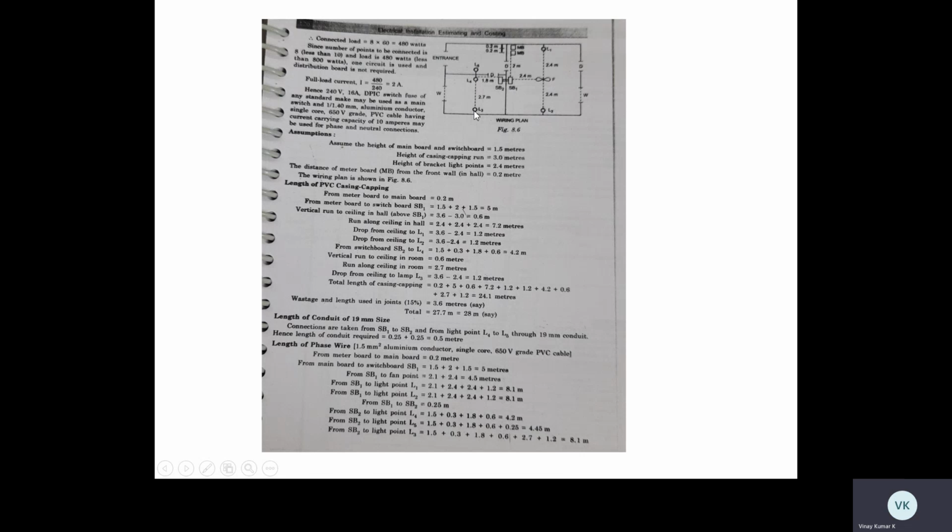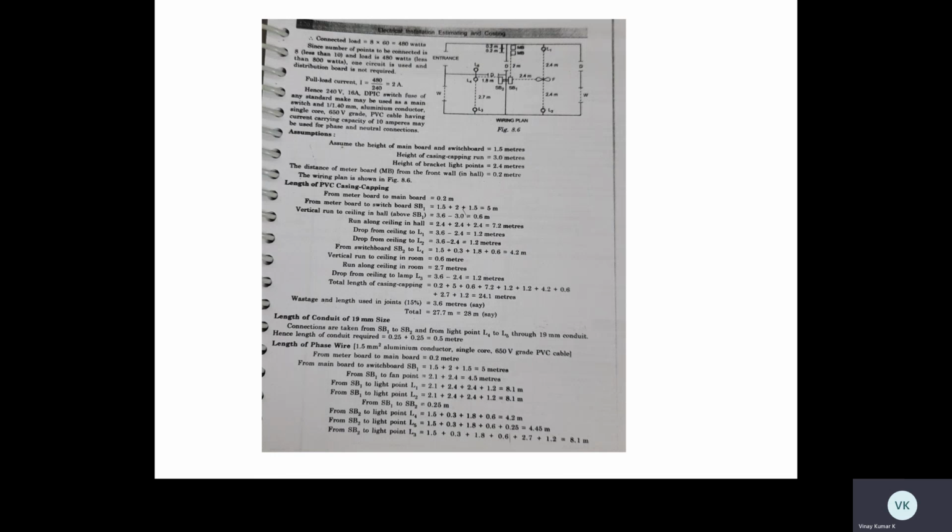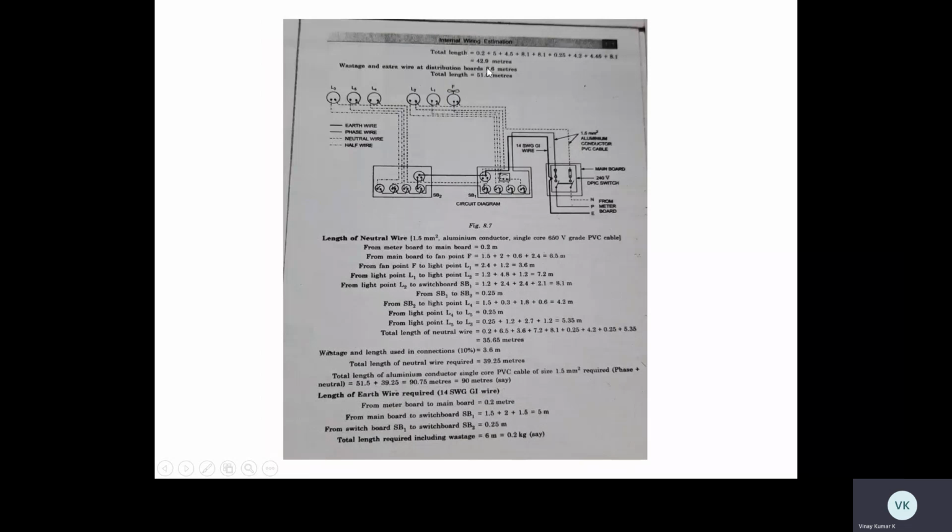From SB2 to lamp 3: 1.5 meter, 0.8 meters, 1.8 meters, 0.3 meters, 2.7 meters, 1.2 meters, in total 8.1 meters. So by adding these two, see here: 8.1, 8.1, 5, 4.5, 0.25, 4.5, 4.5, 8.1. We get 49.3, nearly equal to, with wastage added, 51.5 meters.